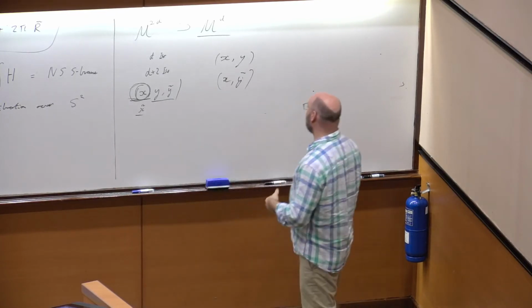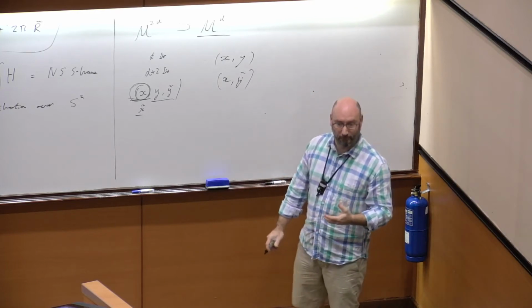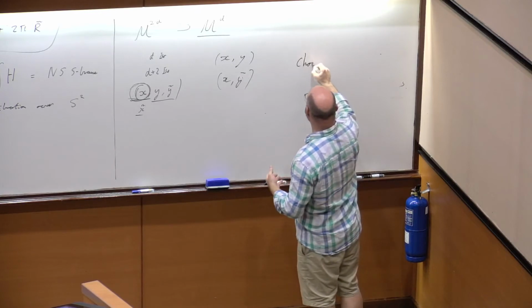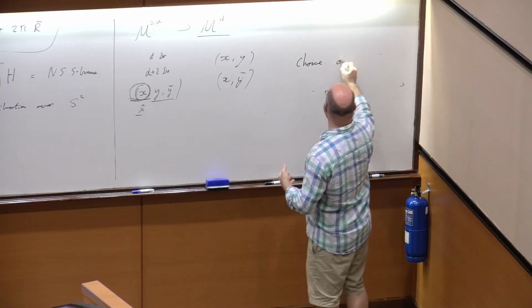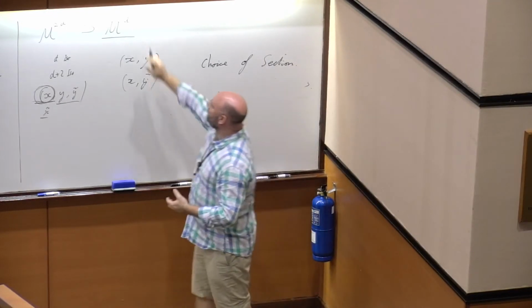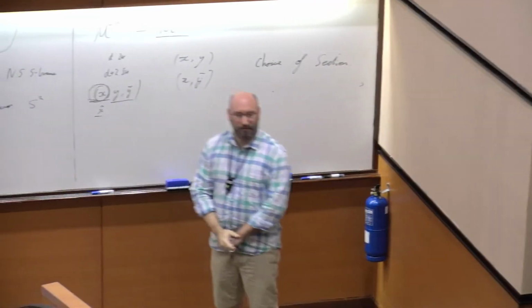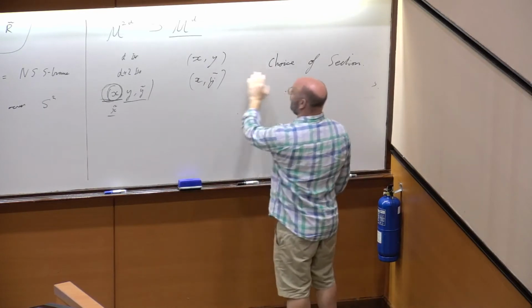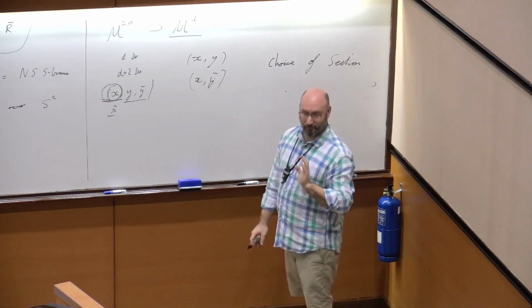This goes by the name of physical section condition. Okay? So this choice is what's called a choice of section, and it's how we find the d-dimensional submanifold inside 2D. And there's only a choice if there's an isometry.